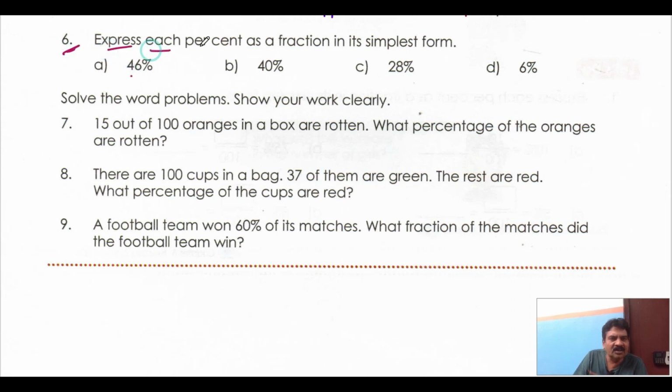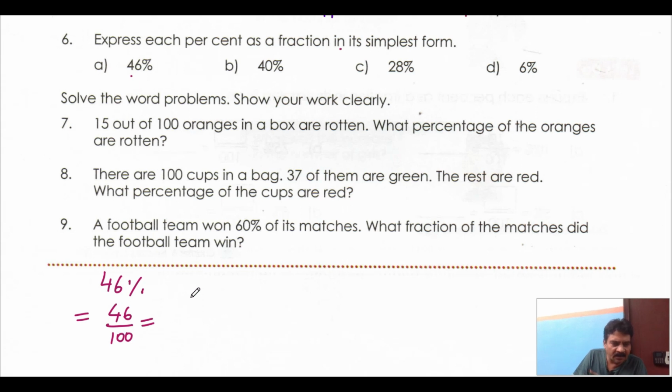You will get a fraction, but you have to simplify it to the least value, the simplest form. So first one is your 46%. 46% means 46 out of 100. Here he is not asking you to go with the decimal, he is asking you to put it in a simplest form, the same fraction.